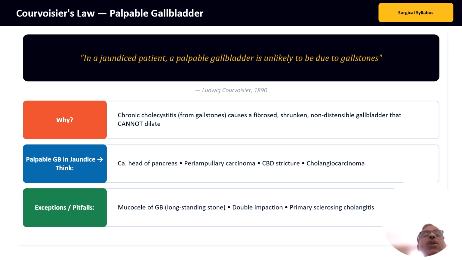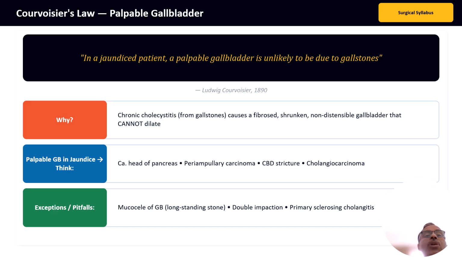Why is it so? Because if the patient has gallstones, then the patient may have chronic cholecystitis, which is one of the common sequelae of long-standing gallstones, and chronic cholecystitis would cause a fibrosed, shrunken, non-distensible gallbladder that cannot dilate. And that's why if you have a patient with jaundice and also a palpable gallbladder, it is very unlikely that it's because of cholelithiasis.